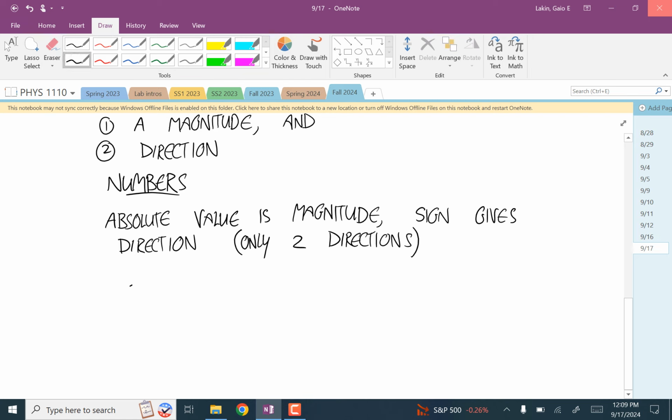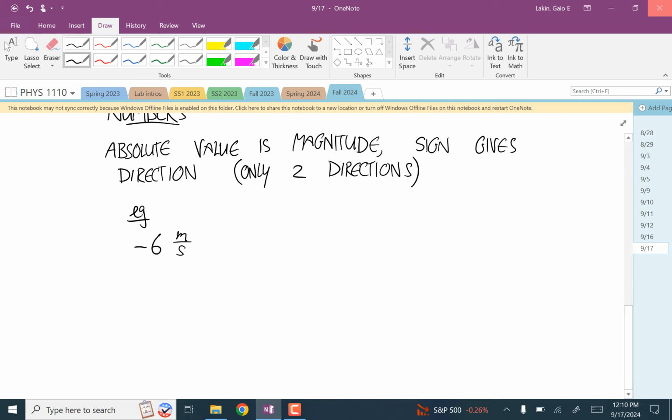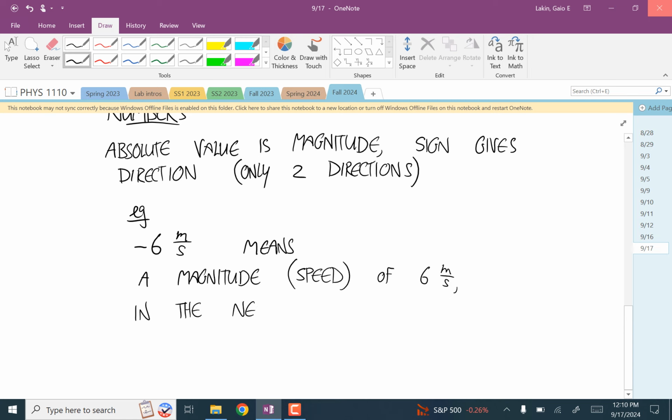For example, something that's moving -6 meters per second means a magnitude, and if we're talking about velocities, that magnitude is called the speed, of 6 meters per second, in the negative direction.